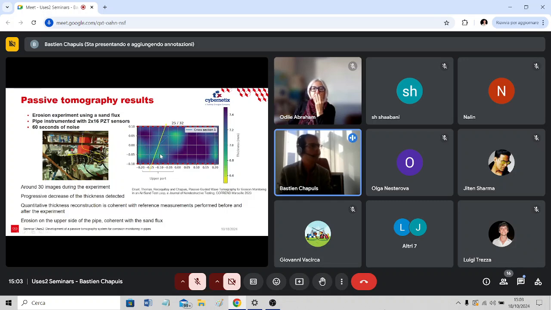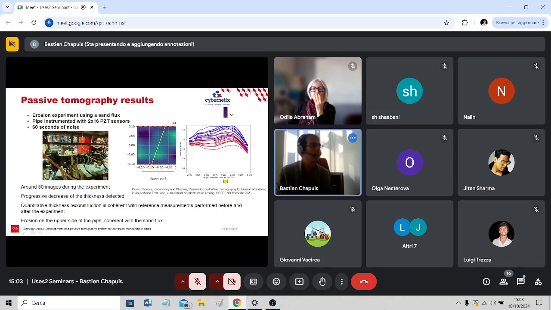We have compared the results produced by these tomography algorithms with reference measurements performed between and after the experiments, and the erosion rate is very coherent with what was expected and what has been measured at the end of the experiment by using classical ultrasound. Here we have the cross section. Sorry, it's a cross section in blue.